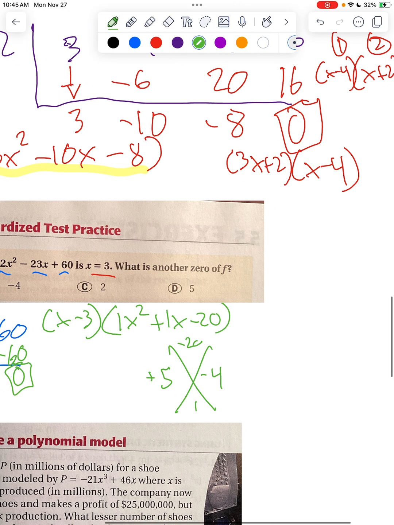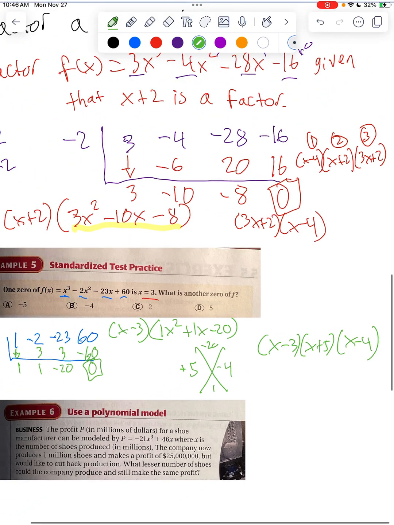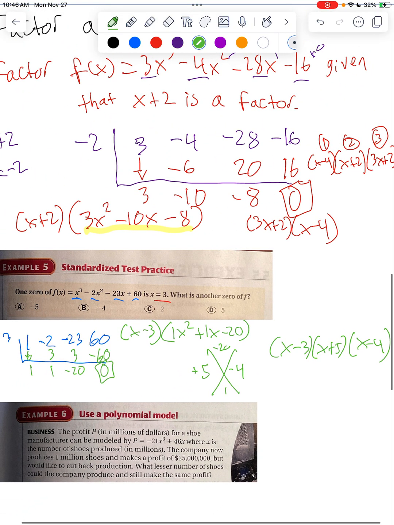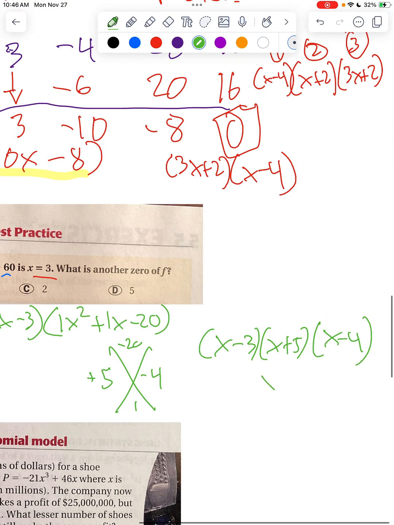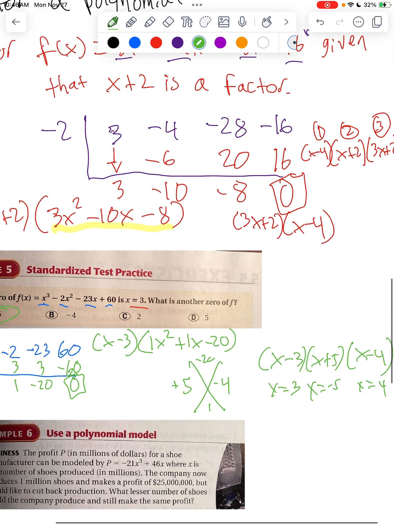So I would say I've got x minus 3, x plus 5, and x minus 4. So of those that are offered, the zeros are negative 5, 4, and 3, and I only see negative 5.